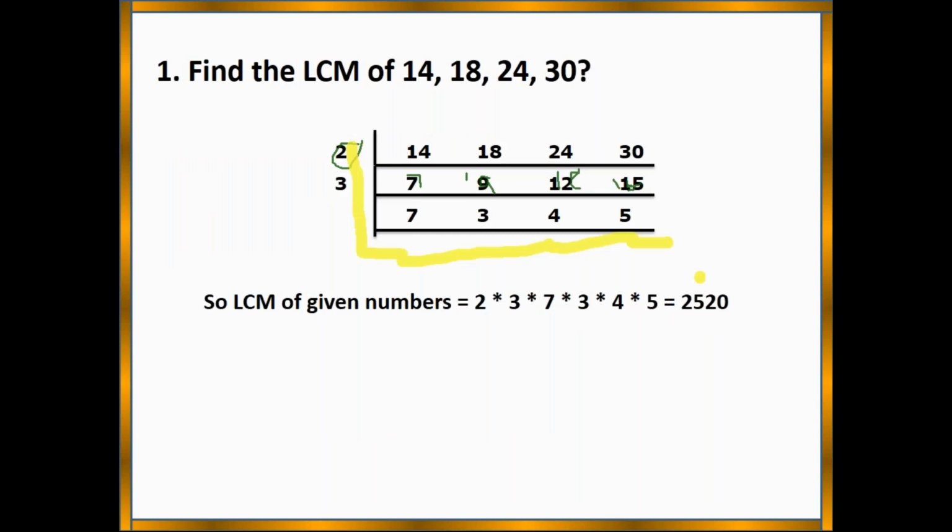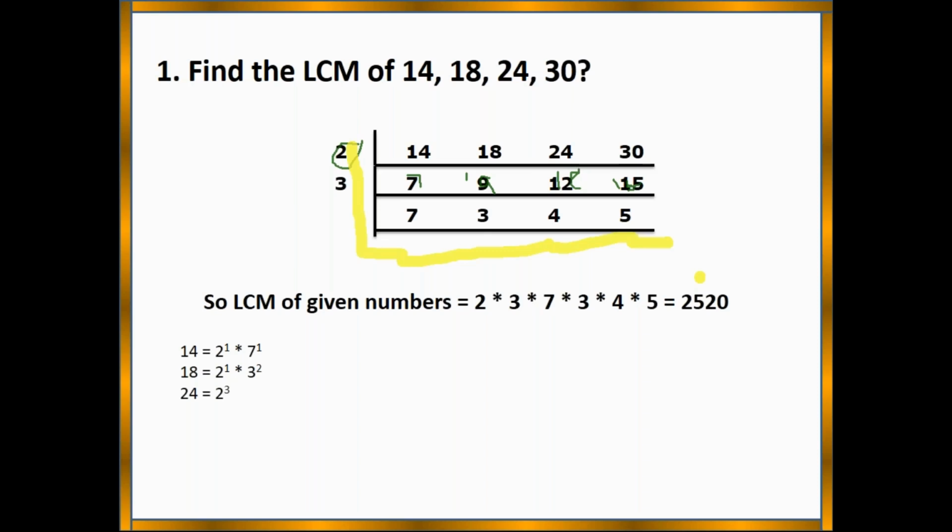What are the factors for 14? 14 can be written as 2, 7. 18 can be written as 2 into 9, which is 2 power 1 into 3 square. 24 can be written as 3 into 8, so 3 power 1 into 8, and 8 is 2 power 3.